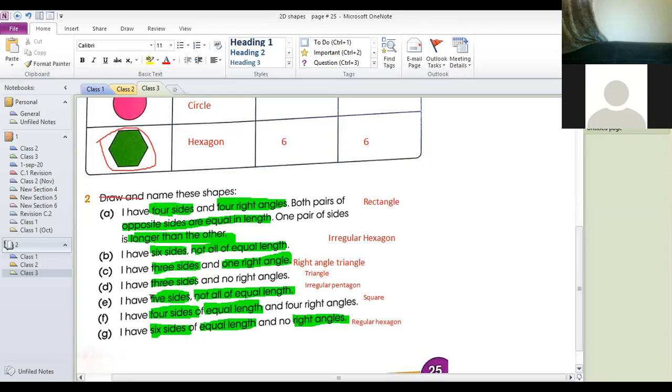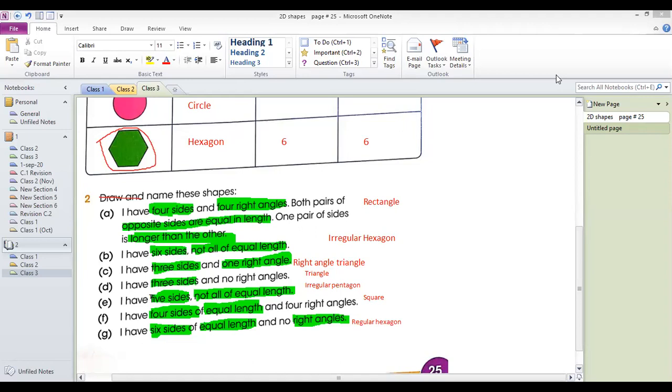Okay, guys. We'll move to the next topic, that is 3D shapes. You need to remember some things about the 3D shapes. As I discussed with you, 2D shapes are the shapes which have two dimensions, its length and its width.